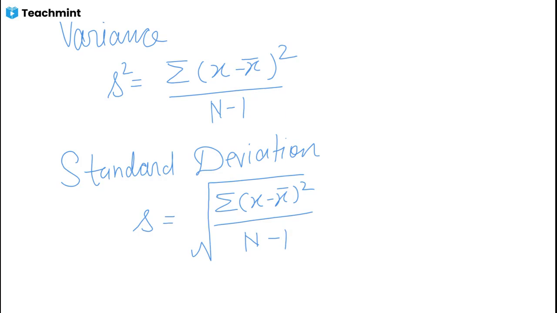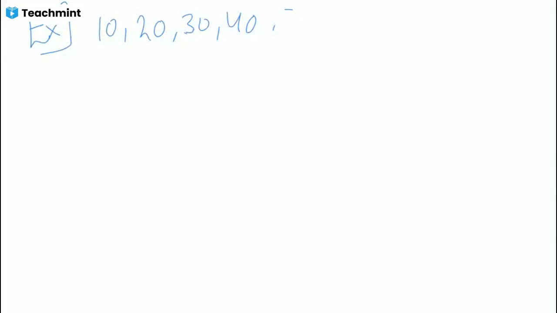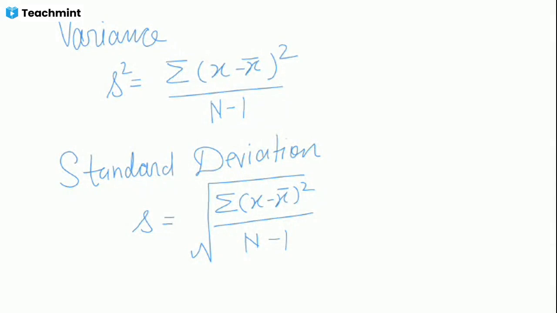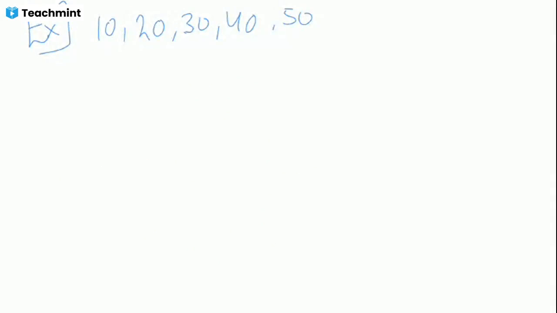So let us do an example to understand this well. Let us take the data 10, 20, 30, 40, 50. To find variance we first need x bar, that is the mean.